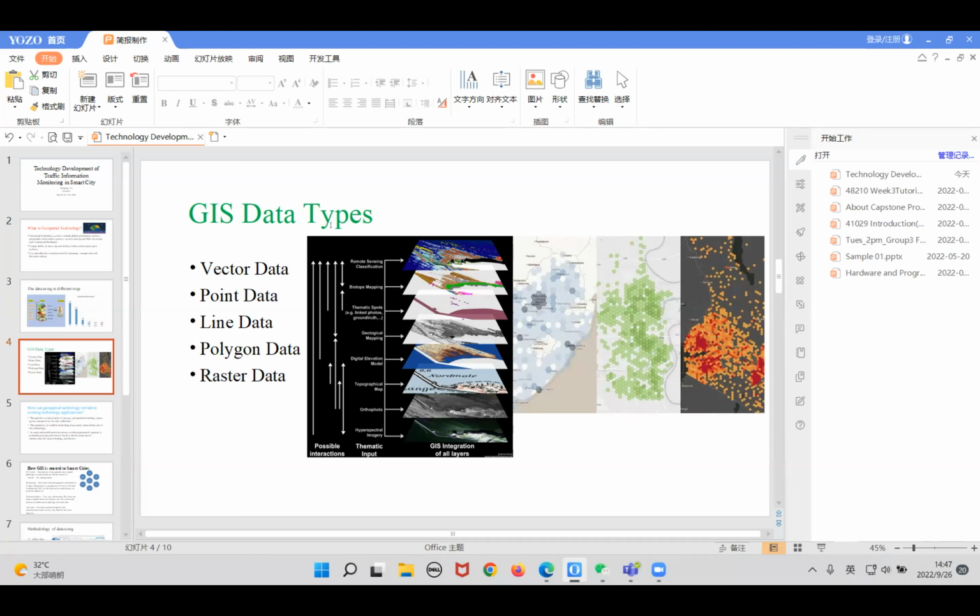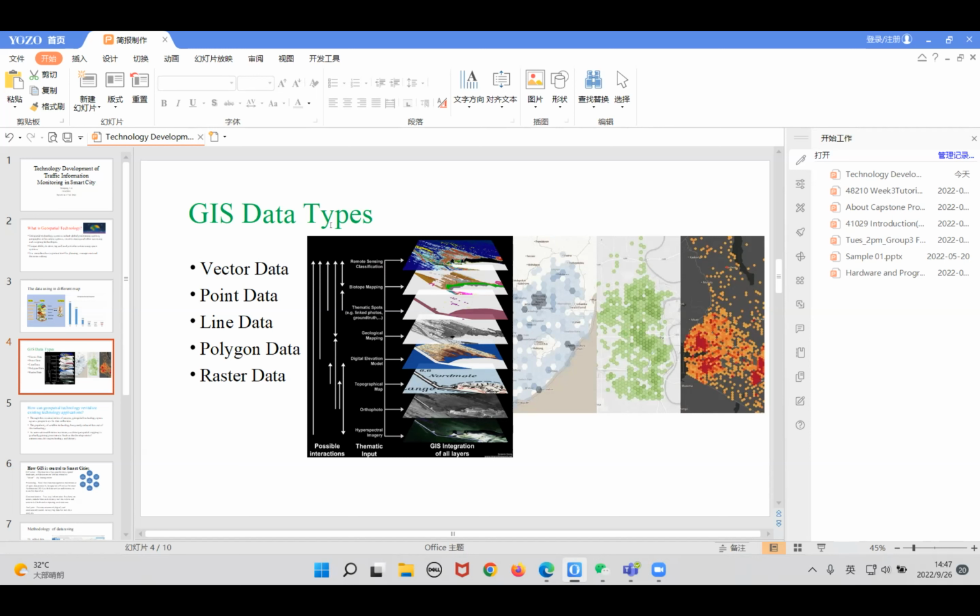The point data typically represents features or distinct data points. Points are zero dimension, so we cannot measure their length or area. Examples of point data would be cities and points of interest. The line data also represents linear features such as rivers, streets, and trails.